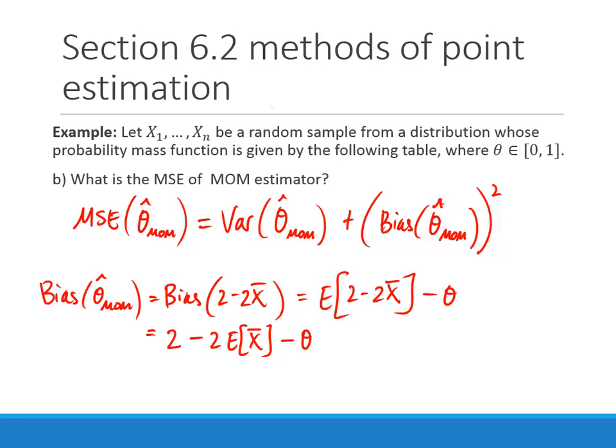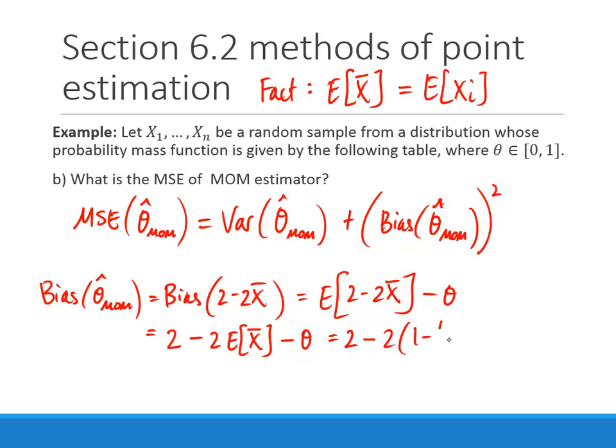And so we know that there's a fact here. We know that the expected value of the mean is always equal to the expected value of the individual observations. That is always true. So the expected value of x bar is the same as the expected value we found before. So this is 2 minus 2 times 1 minus theta over 2, minus theta.